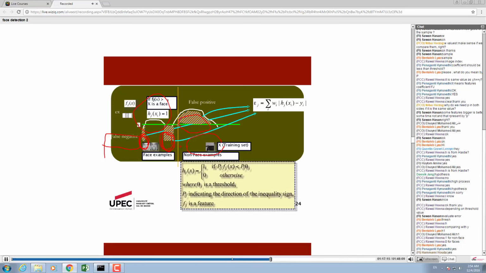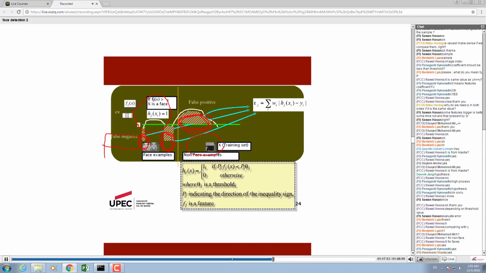Okay. On the right side, for this area, the wrong answer, the error case, it is called a false positive. It means the answer should be 0 because this is a non-face area. But these samples have results of 1.